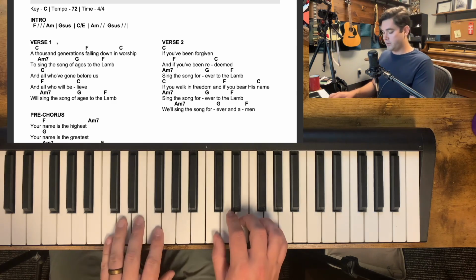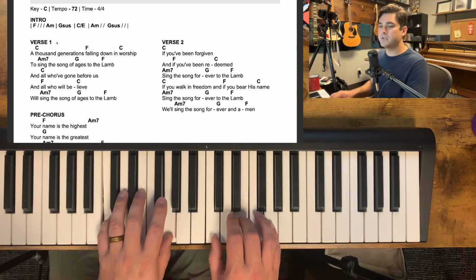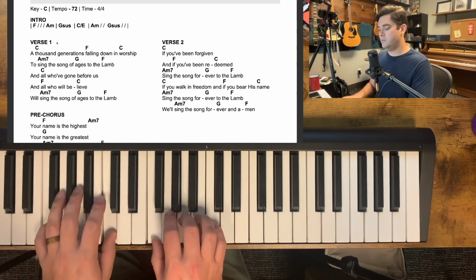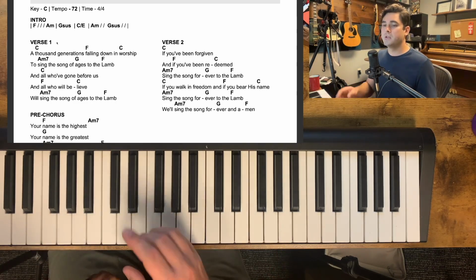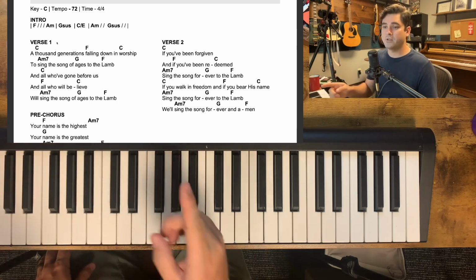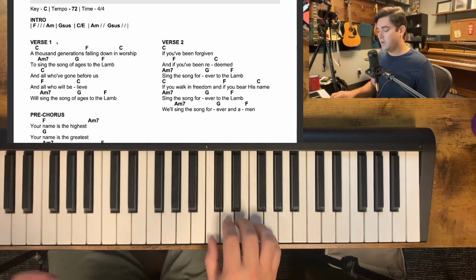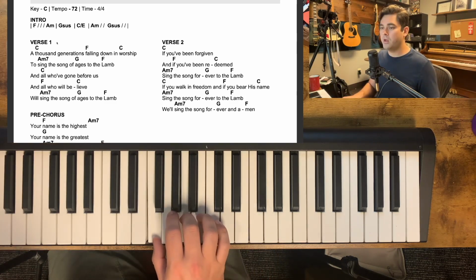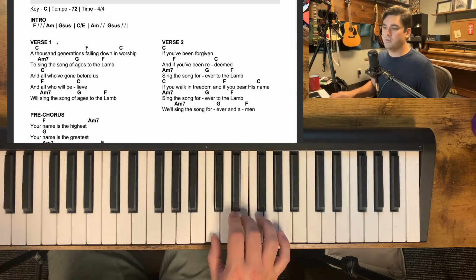And so in verse 1 here, 1,000 generations falling down in worship. Okay, so I know that the very first C in verse 1 is 1, 2, 3, 4. 1, 2, 3, 4.